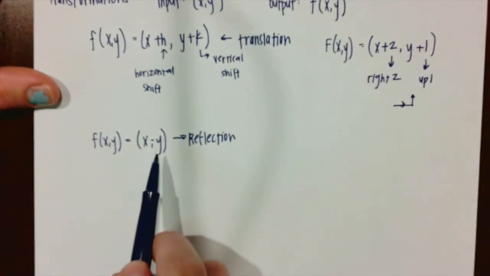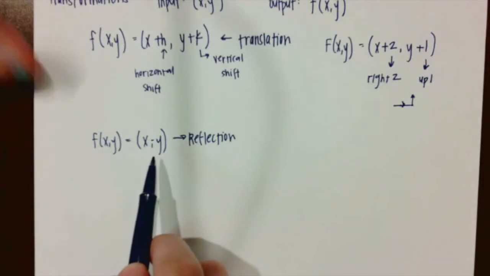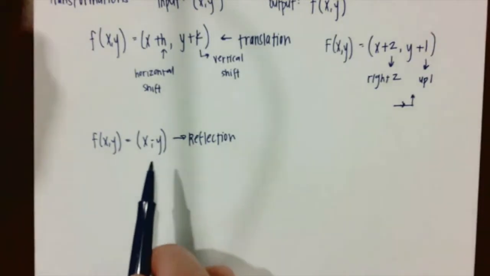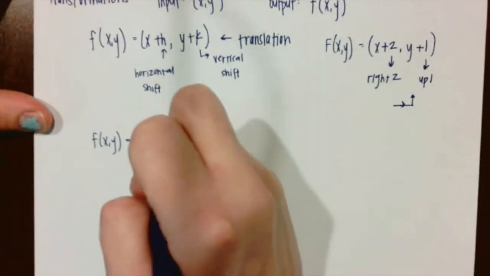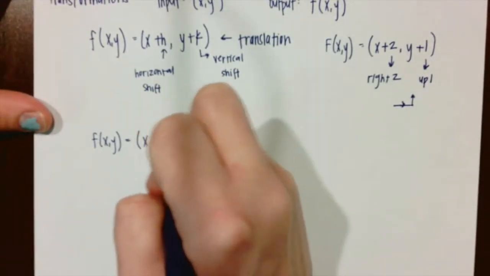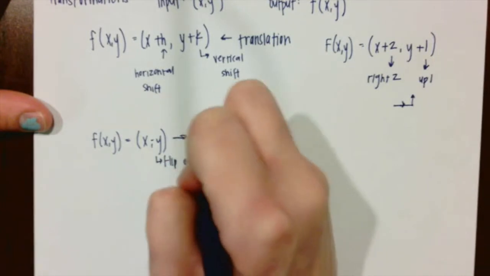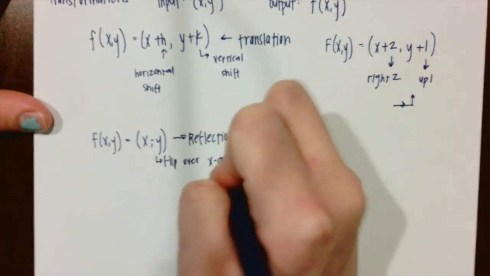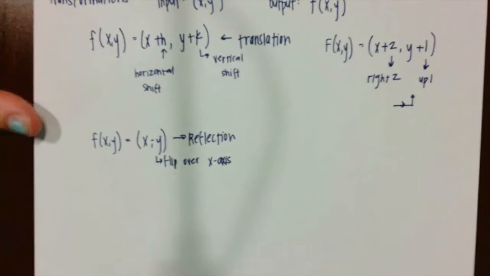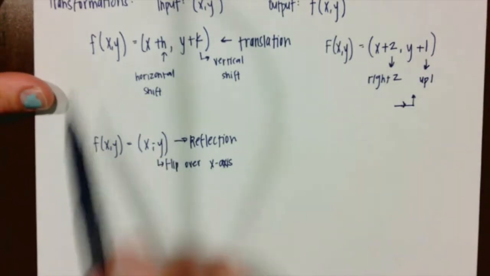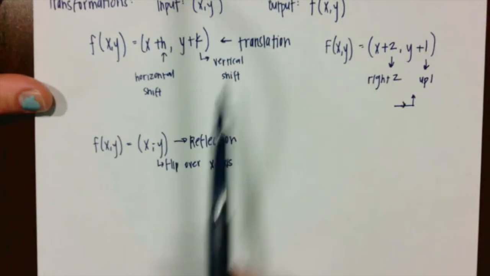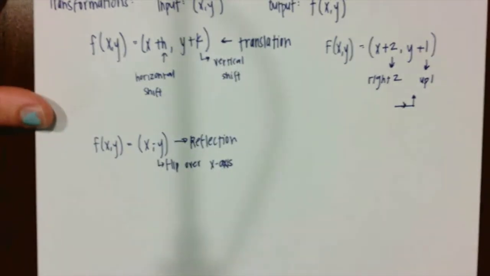And since we have a negative y value, this would be flipping over the x-axis. And all of our y values would become negative. Or if they were already negative, all the y values would become positive. So this is kind of like the general notation that you see.